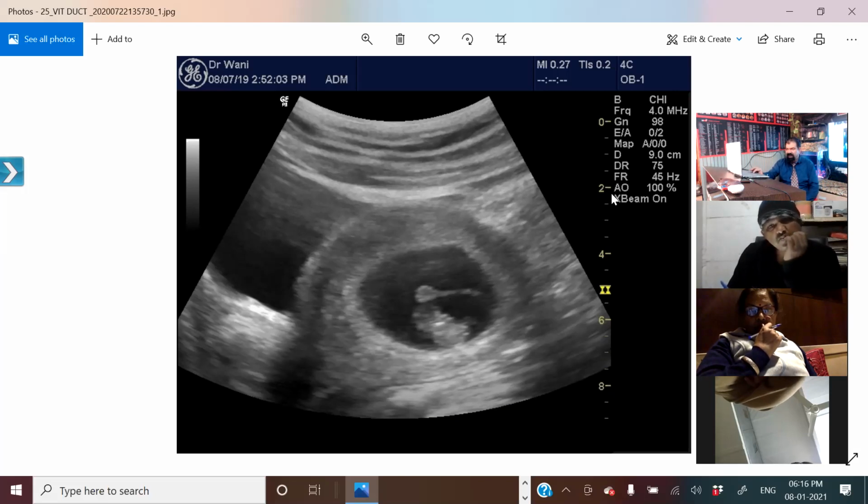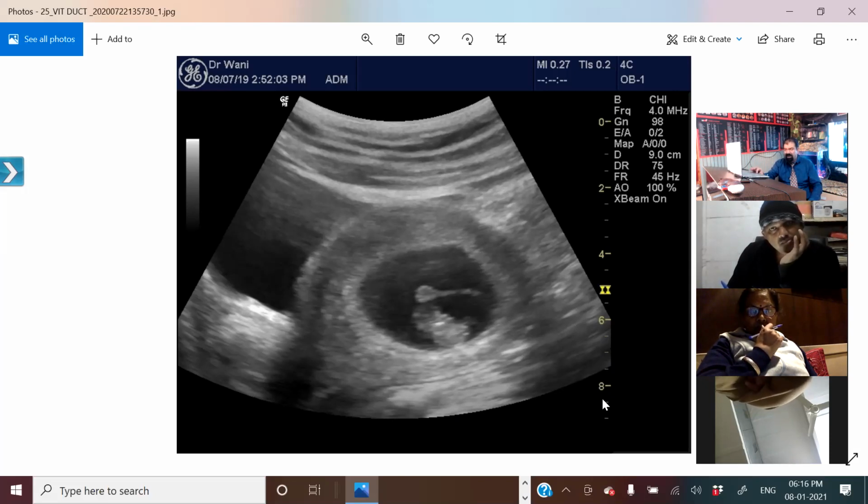What is the setting over here? First is the depth. Now go back to the physics and machine settings course, to the class of probably 7th or 8th class over there. Depth versus frame rate. So this is the frame rate which I have to keep an eye on. 45 is the frame rate. Why is this 45? Earlier it was low, 5 or 6 only.